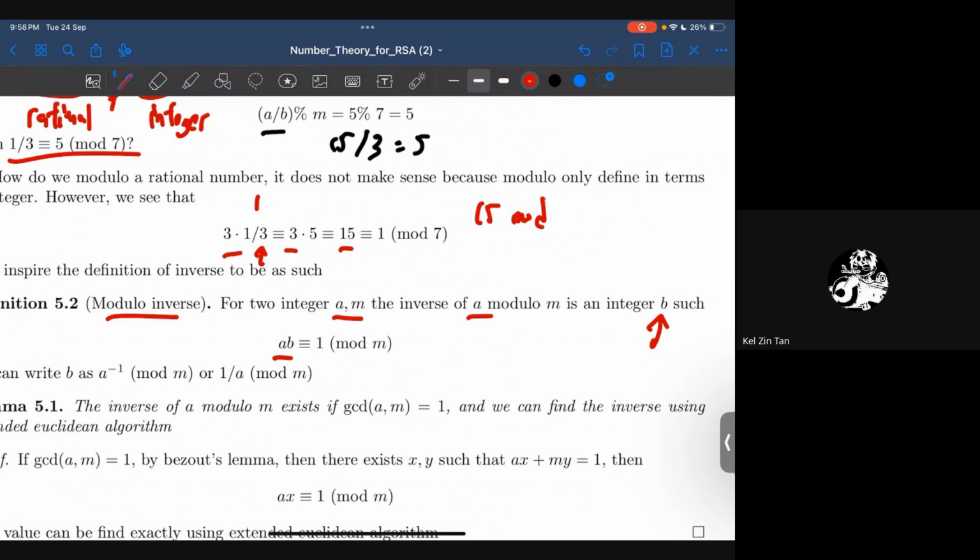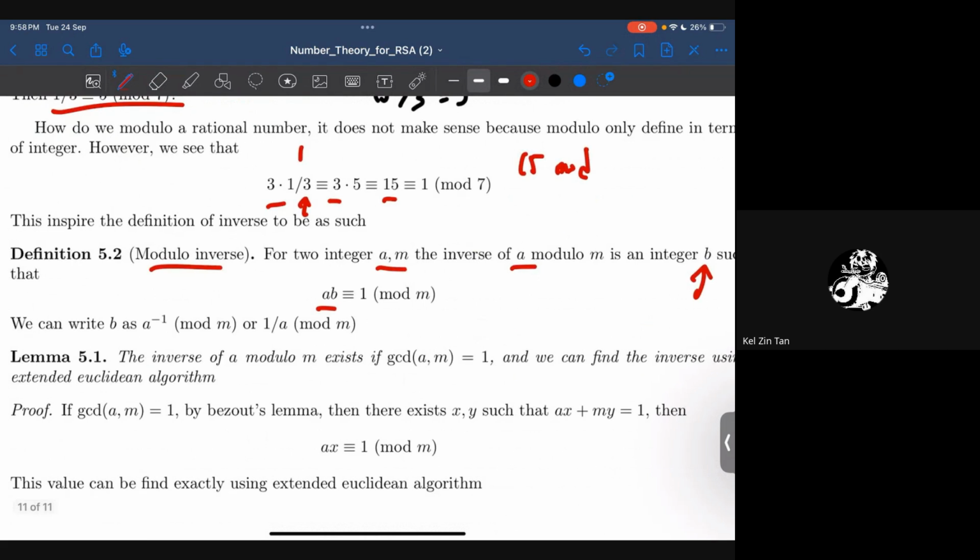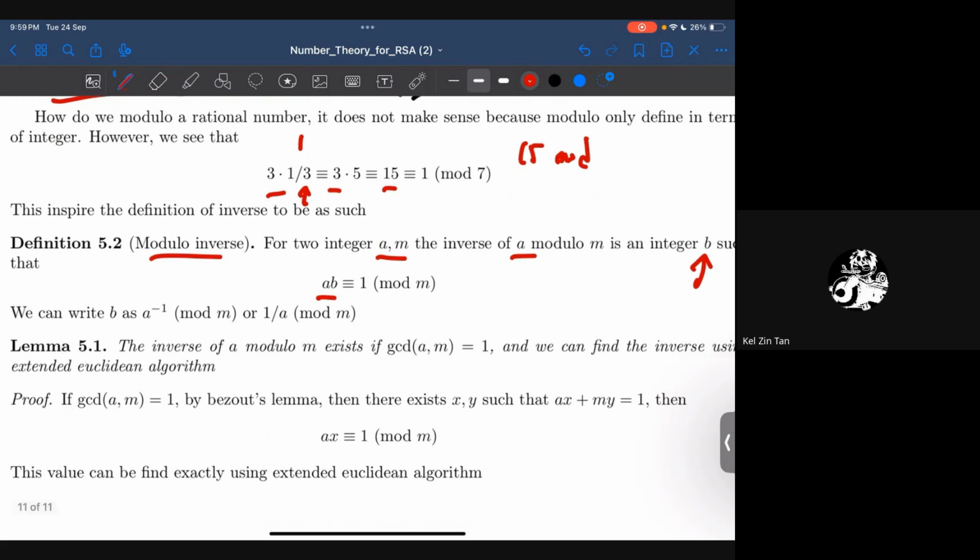If a multiplied by b is equal to 1, then this is nice, because you multiply these two things together and you get back the identity 1. So in some sense we can write b as a to the power of -1, or 1 divided by a. But this is not the usual rational number. This is not a rational number.